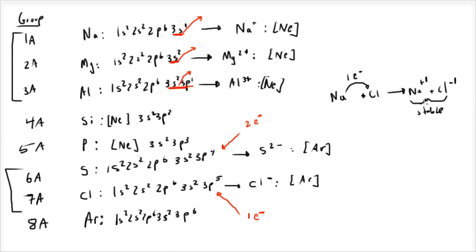So once that happens, we have our sodium cation and our chlorine anion. What's going to happen? Well, we learned in the electromagnetism unit that if you have something that's net positive and something that's net negative, they attract. So you'll get this sodium ion and this chlorine ion stuck together, and this is now called an ionic compound.